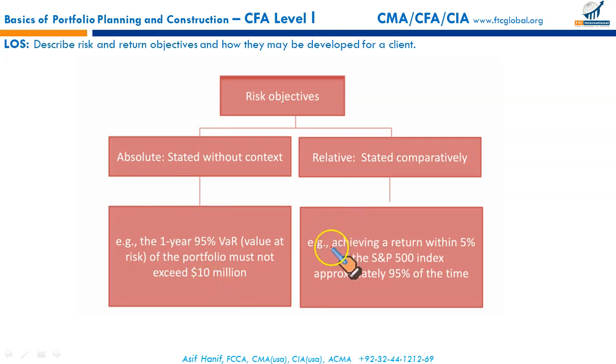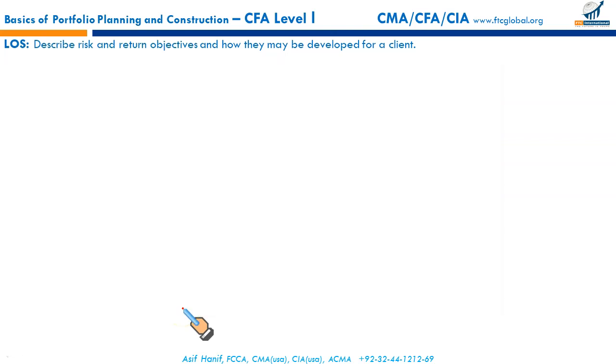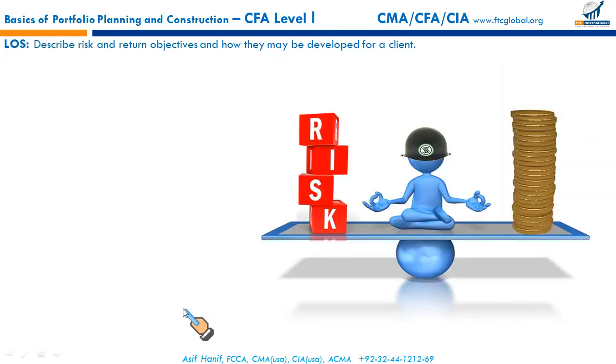And when we say relative, for example, achieving a return within 5% of the S&P 500 index approximately 95% of the time, that would be the relative risk objective. And this is absolute, where we have the absolute amount specifying the risk objective.